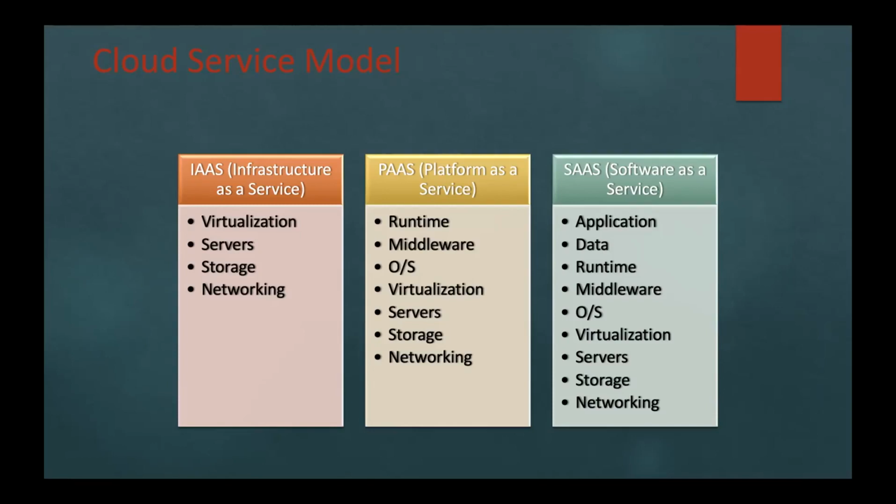But in case of SaaS, the software as a service, the third model of the cloud, which is the high level, right? Here you will get each and everything. Whatever you are getting in the PaaS, you will get that in the SaaS too, plus the data, plus the application. So in this world, we are using a lot of SaaS applications like ServiceNow, like the Fusion application, like Salesforce and the Eloqua application.